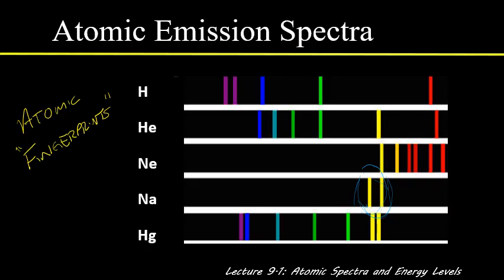And that's one of the ways we can analyze things to see what's in them. If we take something, dissolve it, and then take the solution and heat it up, we'll get lines that are emitted. And by looking at where the light is in the heated sample, we can tell what elements were in the original sample.